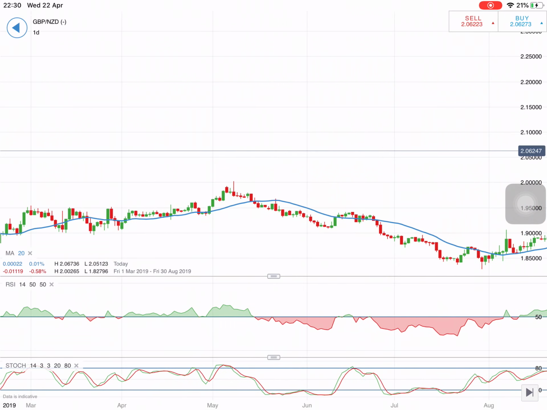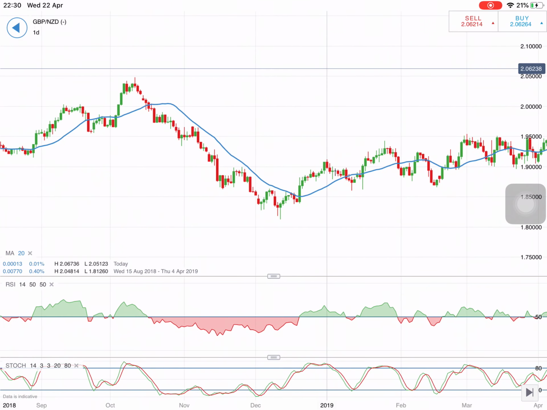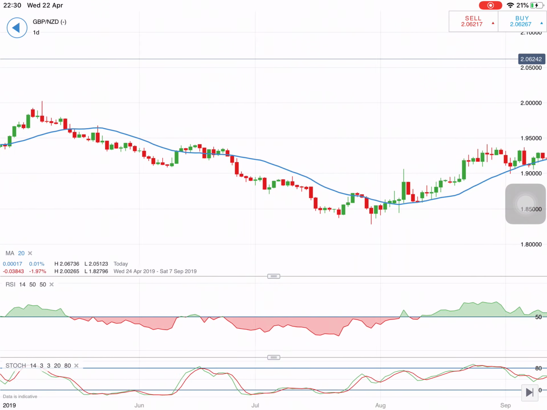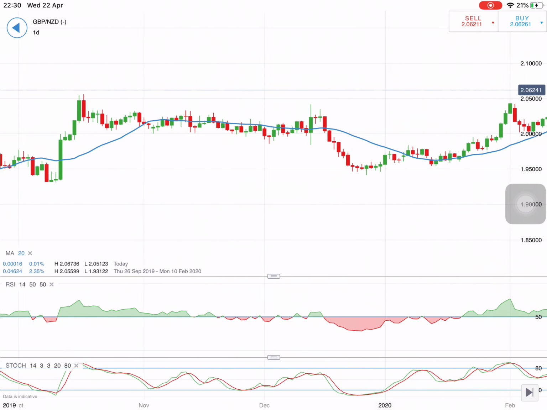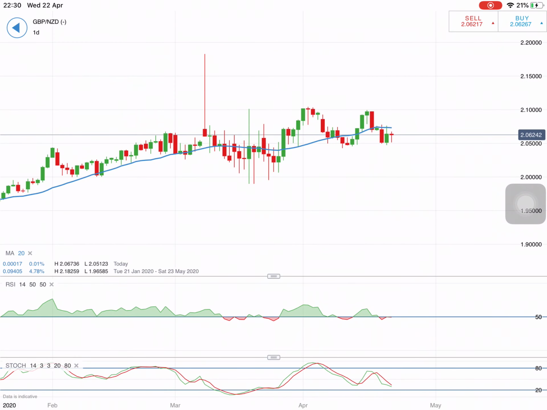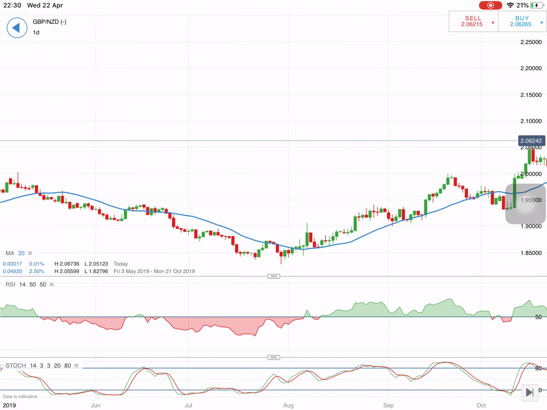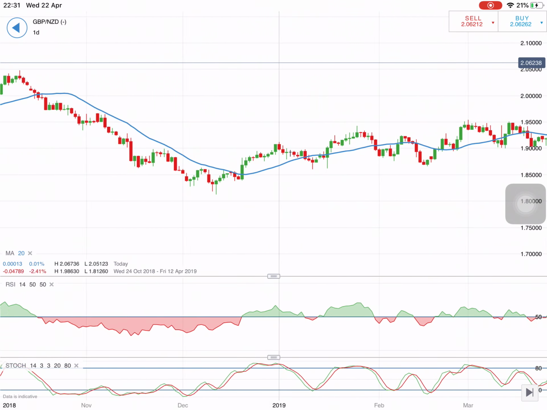Look how many opportunities we got. So this method also helps you with limiting your attempts at trades. So as we know, with the coronavirus and all that going on, we can see that the price is very undecided and it's all over the place at the moment.